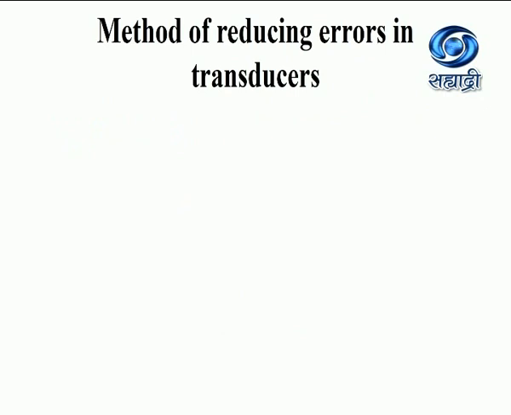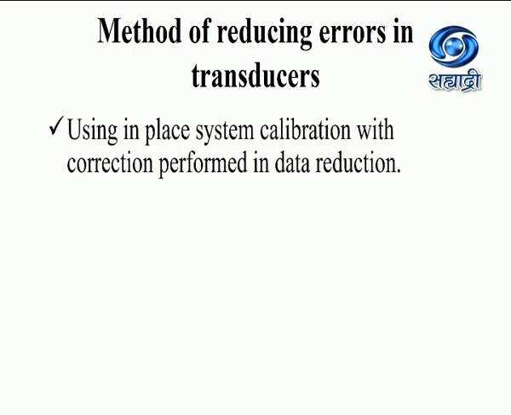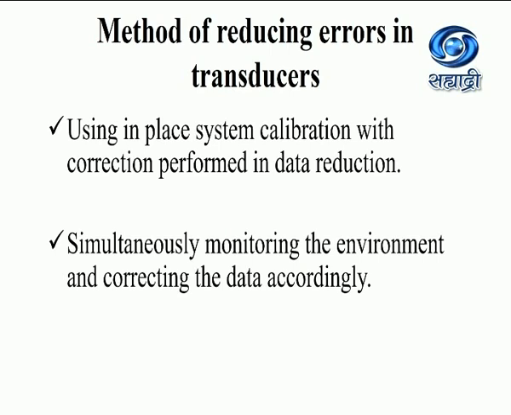Then when we use this transducer in an instrument, these are the methods of reducing error in transducer. The first method is using in-place system calibration with correction performed in data reduction. We have to calibrate these transducer parameters to reduce errors, and correct the data of the output accordingly.